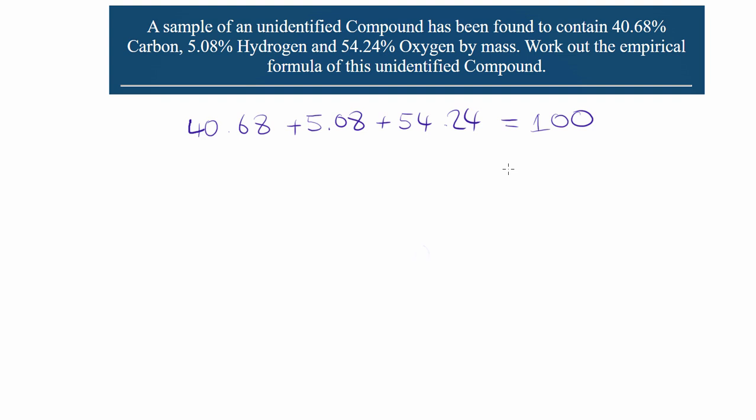Okay, so the next stage, I'm going to make an assumption to enable me to solve this problem. I'm going to assume that I've got a particular sample that's 100 grams total.